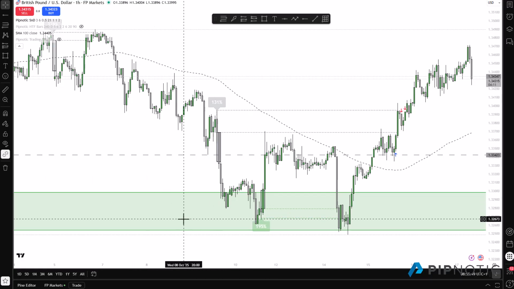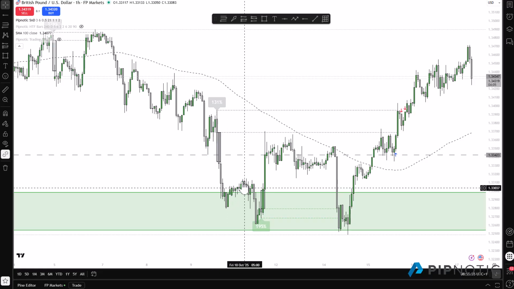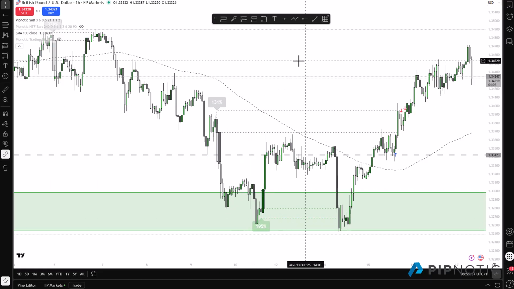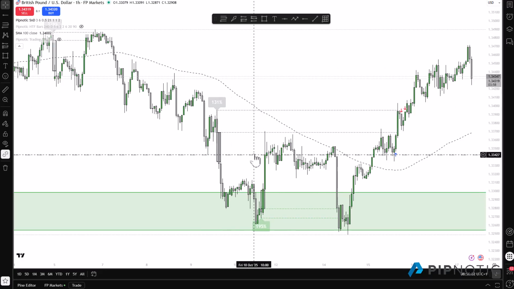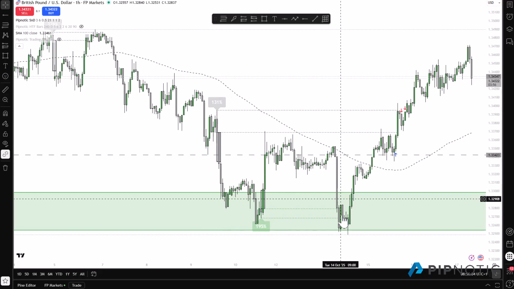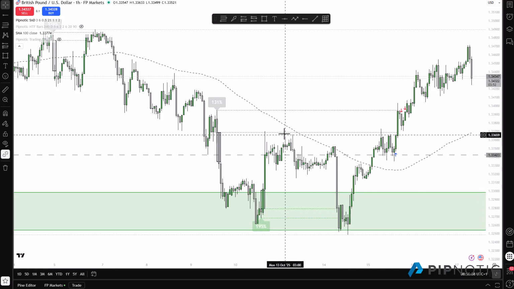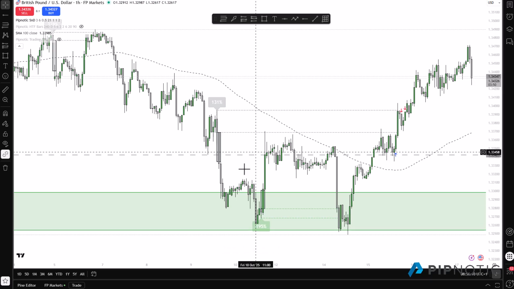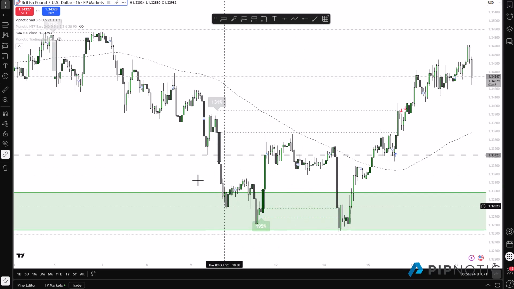If we focus on this area of demand that we identified on the daily chart, notice that price poked into it, we moved sideways, and then we moved away. You don't have to get in as price moves away, because price very often and almost always comes back to rebalance the initial price inefficiency that you can see here. We mark this low first of all, like this.